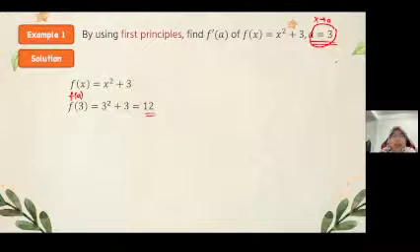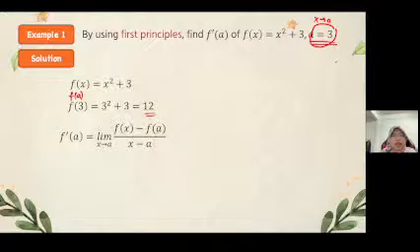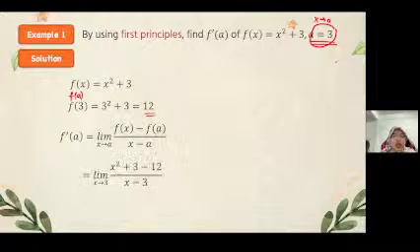And then we're going to substitute into the formula. f prime of a is equal to the limit as x approaches a for f(x) minus f(a) over x minus a. Okay, so substitute the function f(x), substitute f(a), substitute the a in. So we are going to get the limit as x approaches 3 of x squared plus 3 minus 12 over x minus 3.